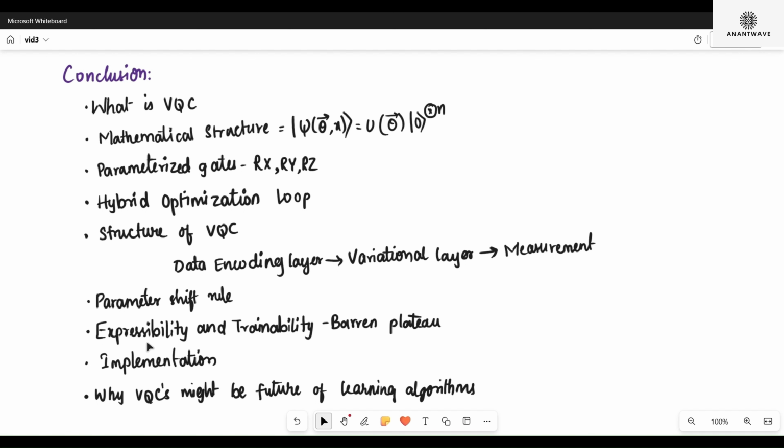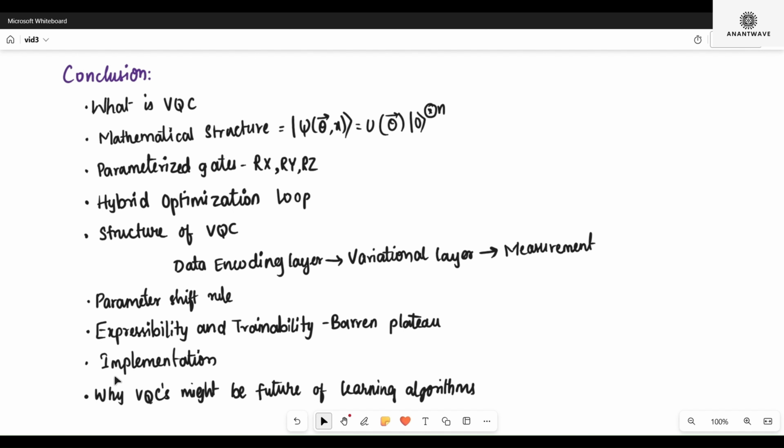Expressibility measures how well the circuit can represent complex states. Trainability involves how efficiently the circuit can be optimized. We faced a problem, barren plateau, where the gradient vanishes exponentially in large circuits, making training difficult. Ongoing research is focused on mitigating this.